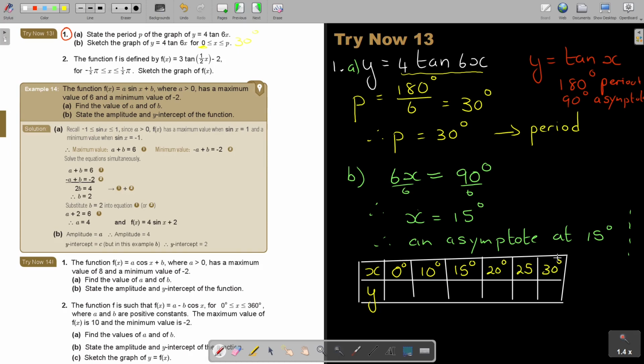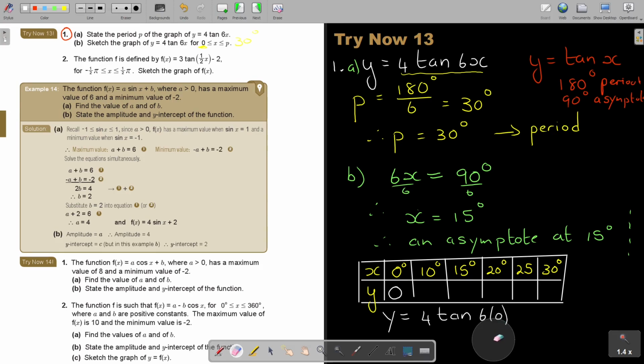Okay, up to 30. Now, I'm just going to show you the first one. For the first one, y equals 4 multiply tan 0, and make sure your calculator is on degrees, D. That equals 0.